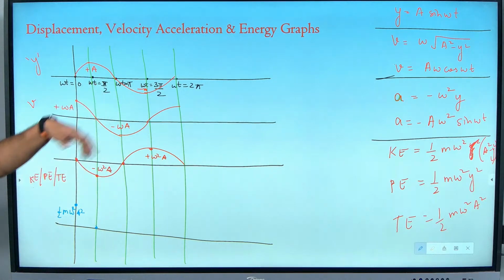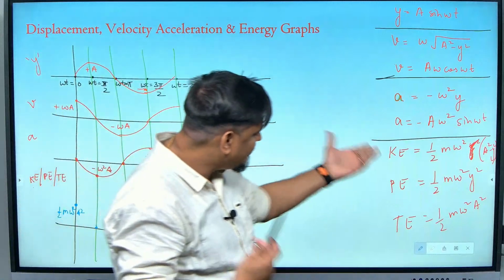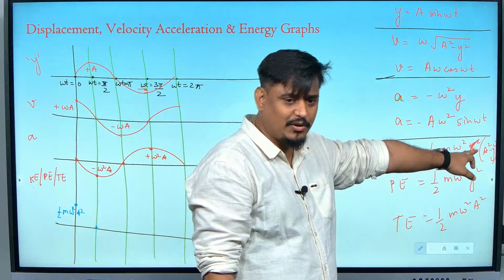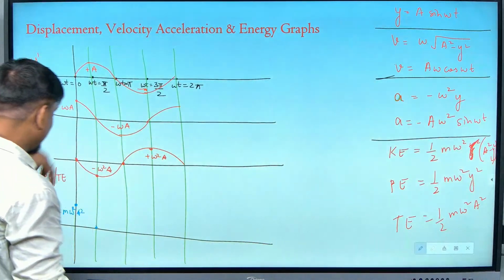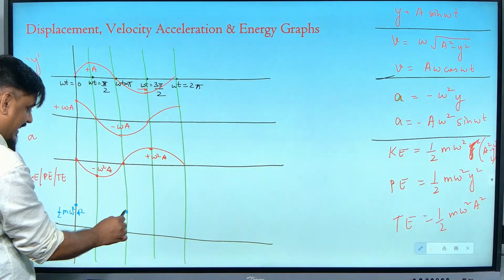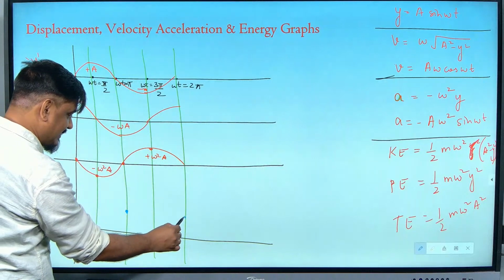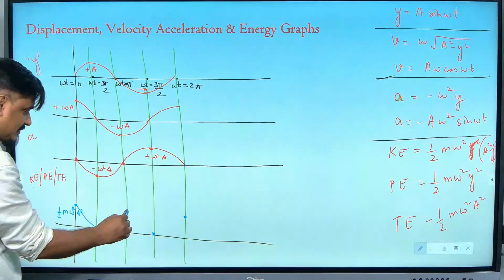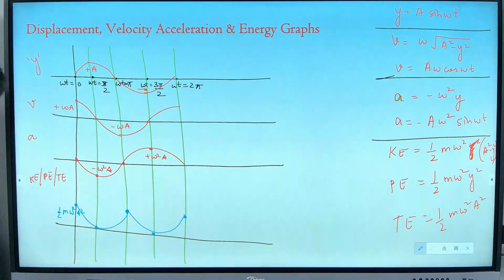Y is equal to plus a or minus a, it will be 0. How will it become negative? It can never become negative. So once again it will become like this, once again 0, once again like this. The graph came like this. Do you agree?